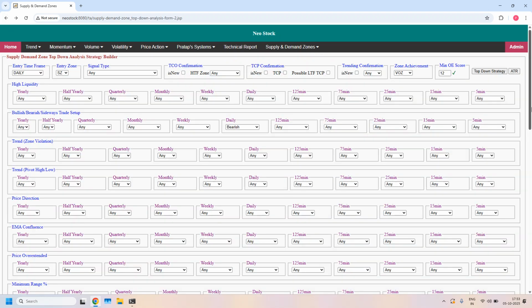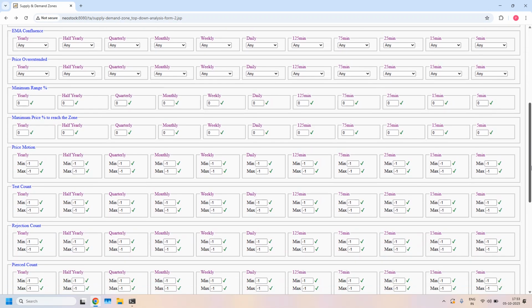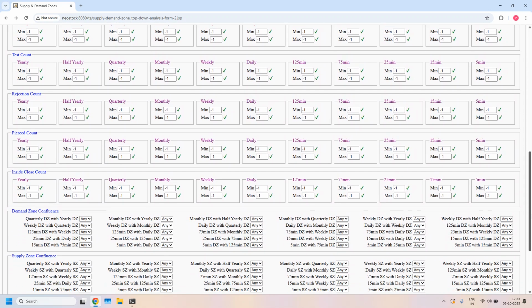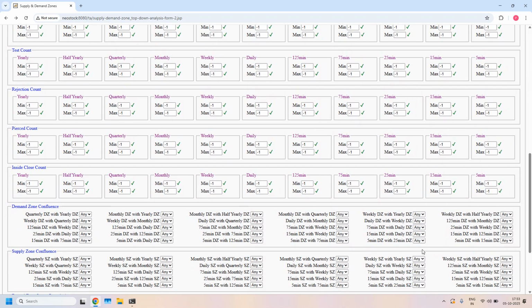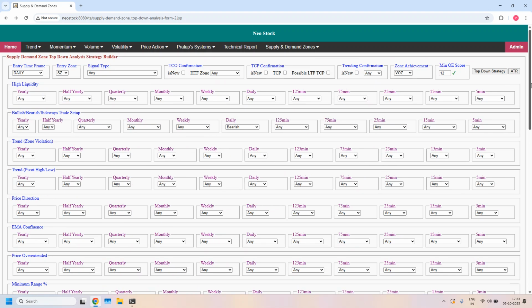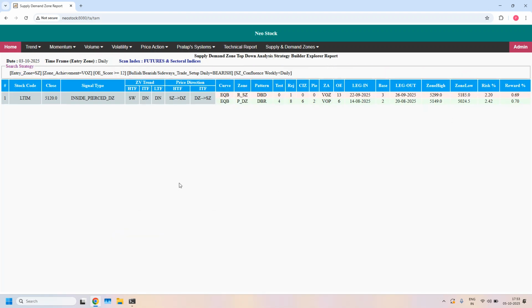So the first filter is the LTF and ITF supply zone confluence. That is daily and weekly supply zone confluence. I am enabling the filter, applying on the 3 stocks. We got only 1 stock. In this stock, the daily supply zone is overlapped with the weekly supply zone. At the same time, the weekly trend is a downtrend.